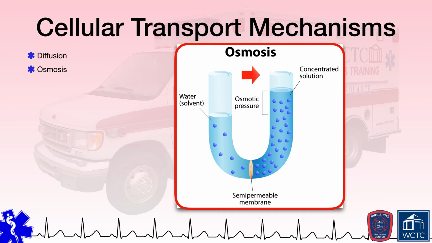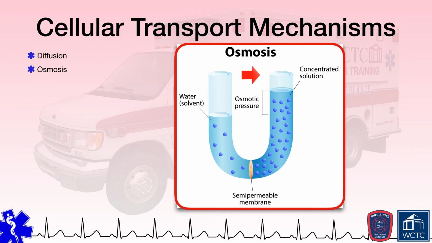In this illustration, however, there is a semi-permeable membrane at the bottom of the U that separates one side with plain water from the other side that contains some type of concentrated solution. Because the solute cannot move across the semi-permeable membrane to reach equilibrium, the water itself, which can pass through the barrier, moves to the area of higher solute concentration to try and even things out, so to speak.